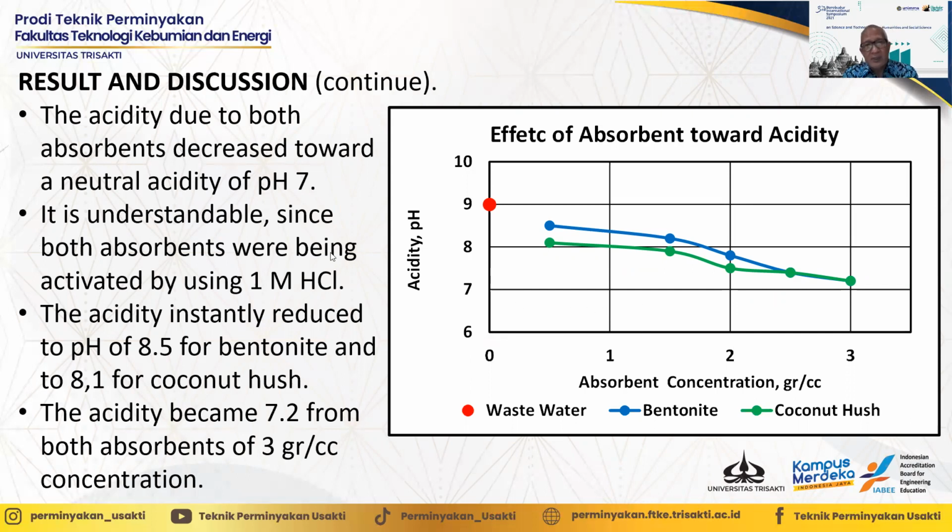It's understandable since both adsorbents were activated by using 1 mole HCl. The acidity instantly reduced the pH to 8.5 for bentonite and 8.1 for coconut husk. The pH became 7.2 for both samples at the 3 gram per cc concentration, and at 2.5 gram per cc concentration it is 7.3.